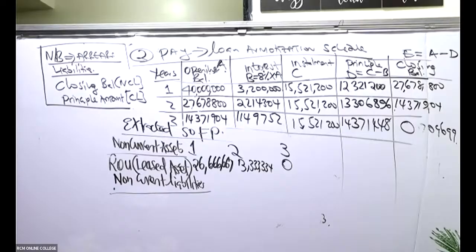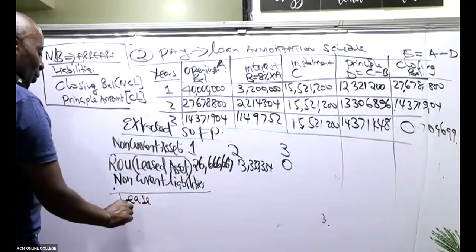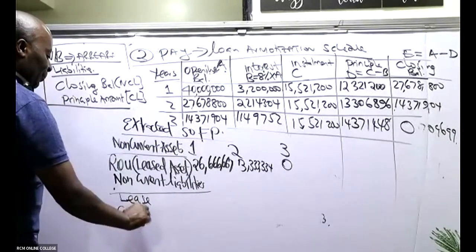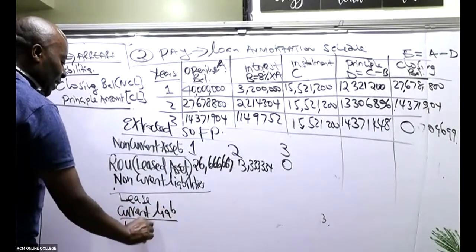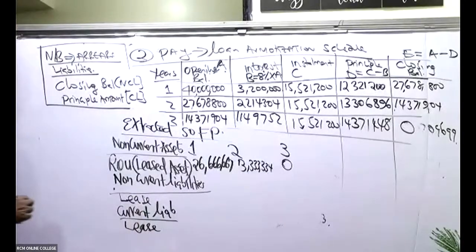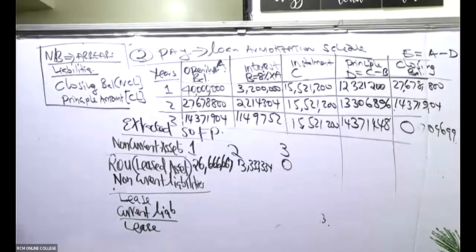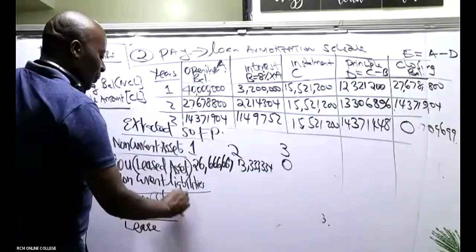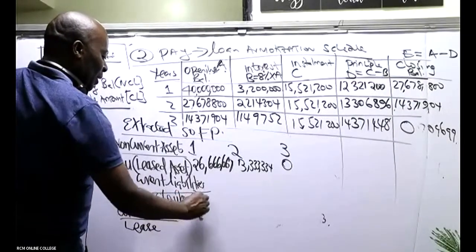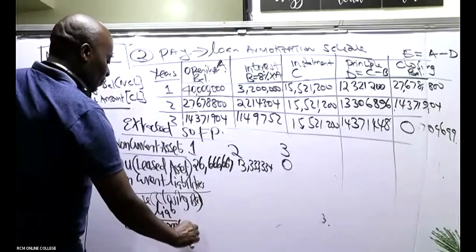Now that you have written that, under non-current liabilities we have lease. You will simply write lease. And also under current liabilities, you shall also write lease. Remember, here you are going to pick the closing balance, and here you shall pick the principal amount.